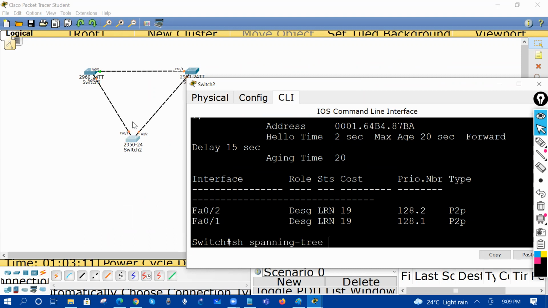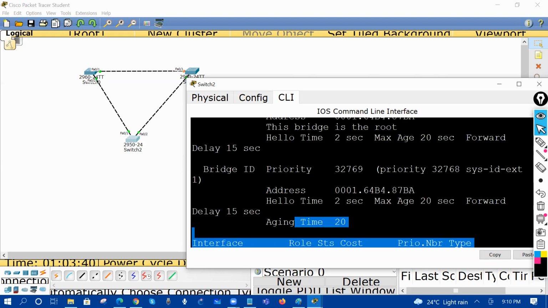Listening, learning, learning. These are the port roles, designated port, and the state is learning. And this is the interface cost. Now forwarding state. Right now, can you see these two interfaces are forwarding, DP. It means this is the guy that will become the root bridge.